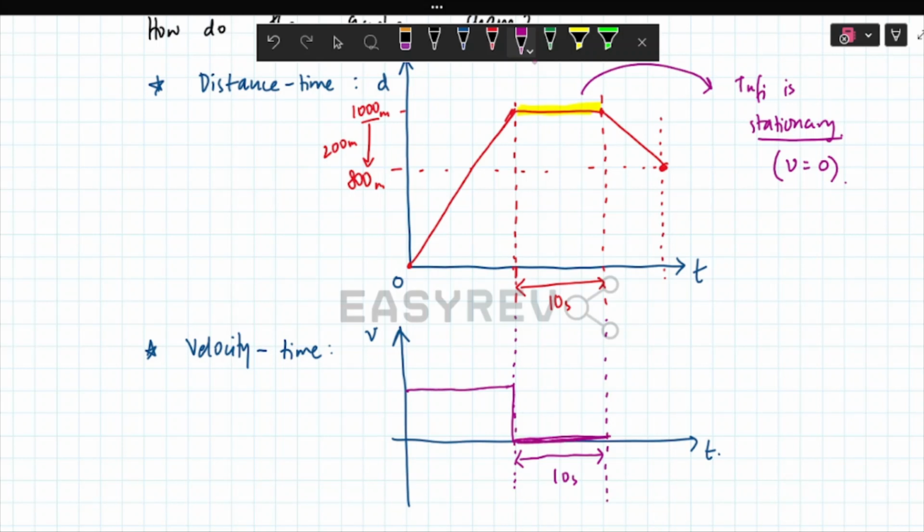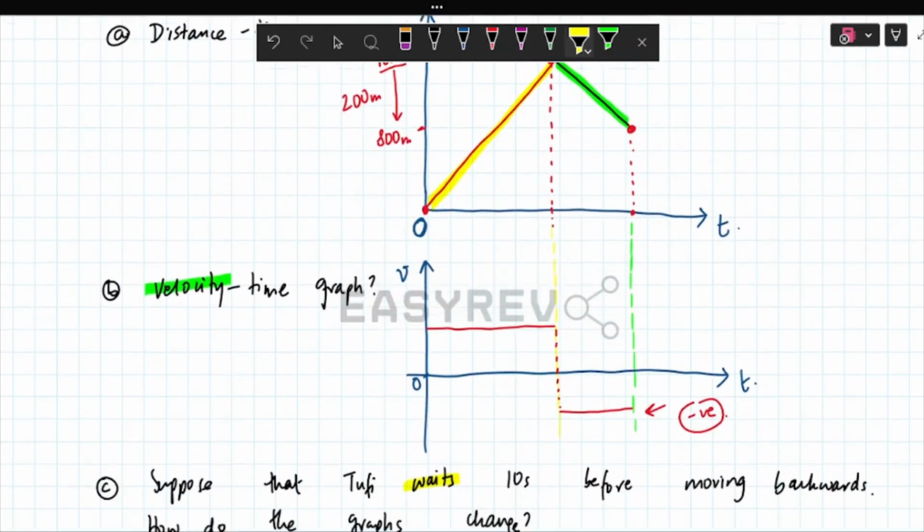And it's only once Tufi starts moving in reverse that we find a new value of velocity in the opposite direction, and so with a negative sign drawn horizontally here as well to represent a new constant value of velocity in the opposite direction. So here too we see that same new inclusion of this horizontal portion that wasn't there before, right?